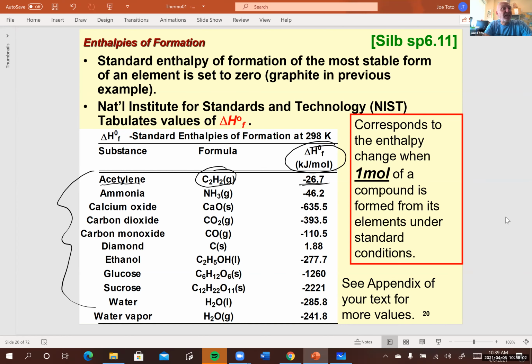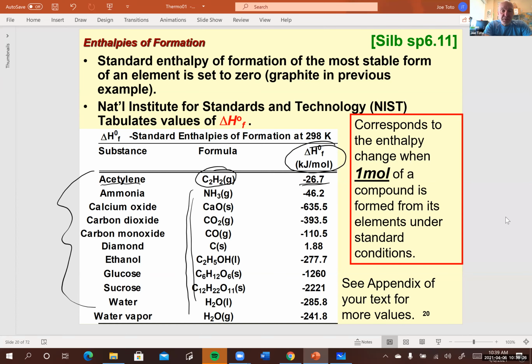So its delta H of formation is that value. And they tabulated all of these delta H of formations. This is just a subset. Your textbook has huge pages, lots of pages of delta H of formations. Online, lots of pages of delta H of formations.